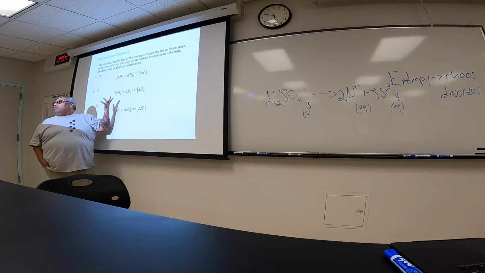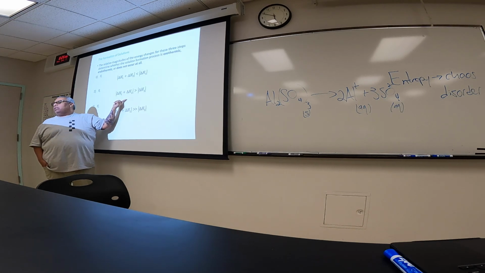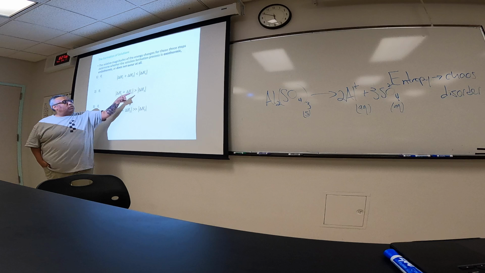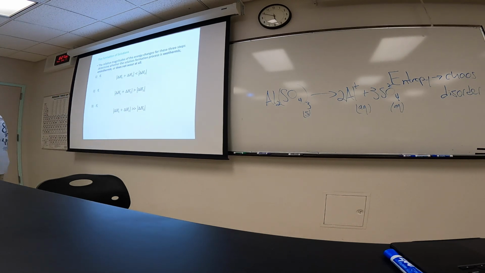And for endothermic reactions, if it takes more energy to break those intermolecular forces than what we get, this is considered endothermic. And then reactions that just aren't going to be spontaneous at all.